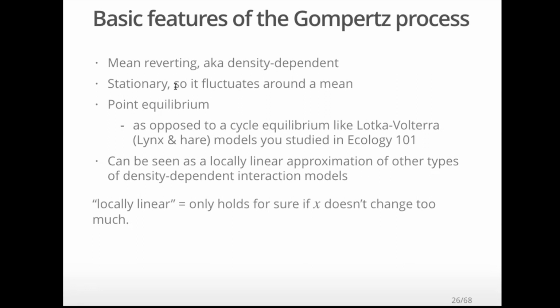And the key thing is a point equilibrium. This is how it's different than a Lotka-Volterra predator-prey. In those types of models, you get these cycles, and the Gompertz model doesn't do that. It's just going to have a point, and the predator and prey are going to be a cloud around that point. And that point is a density of the prey and a density of the predator.